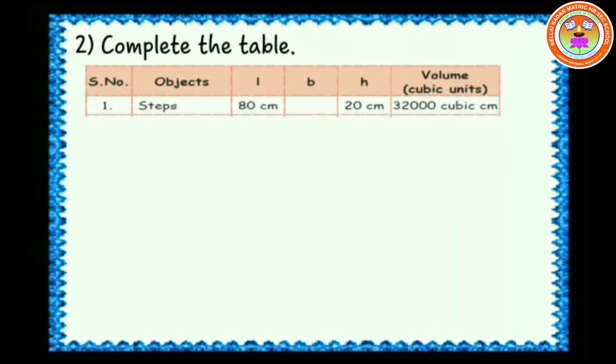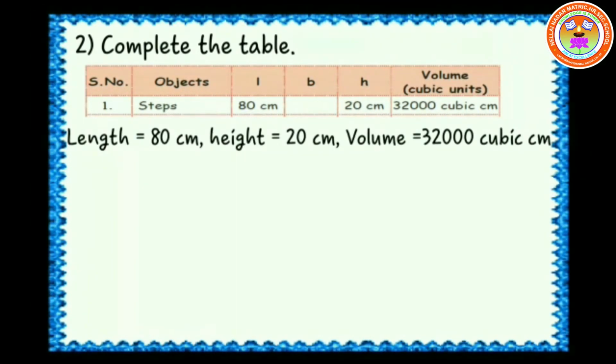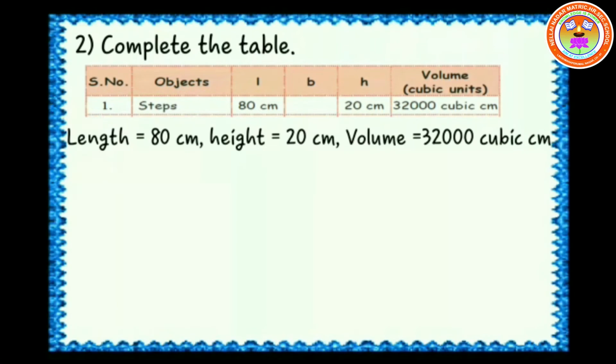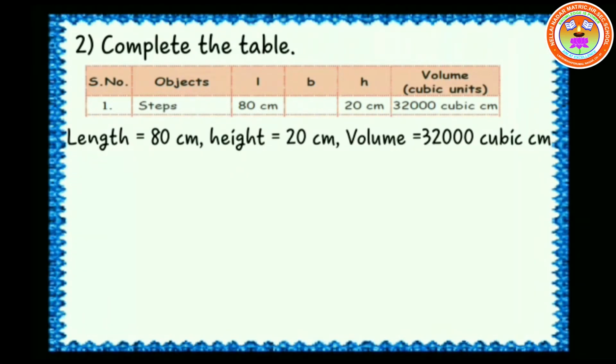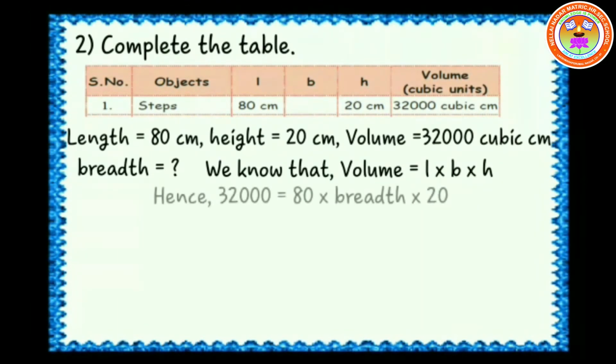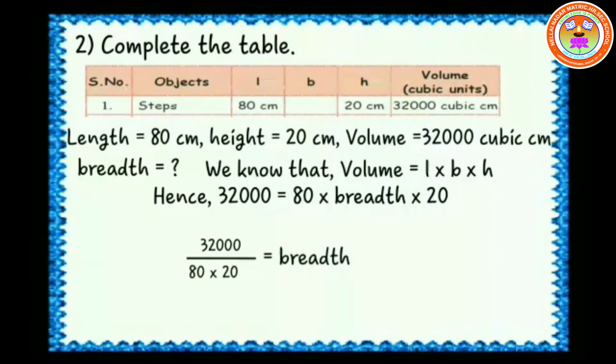Second sum. Complete the table. Length is 80 centimeter, height is 20 centimeter, volume is 32,000 cubic centimeter. We are going to find the breadth. We know that volume is L into B into H, that is length into breadth into height. Hence, 32,000 is 80 into breadth into 20. 32,000 divided by 80 into 20 is equal to breadth.